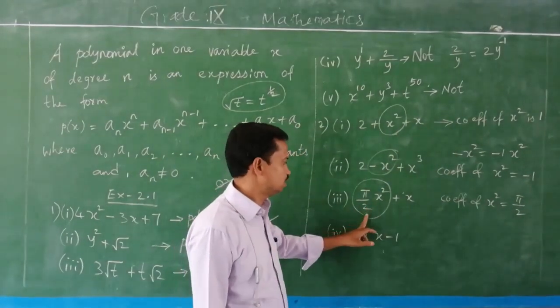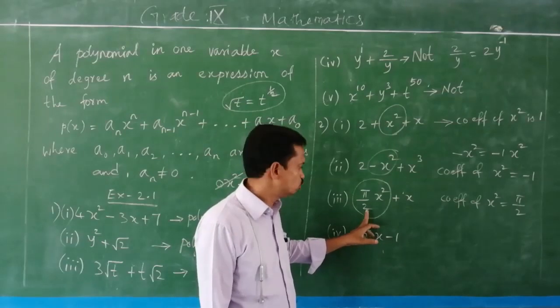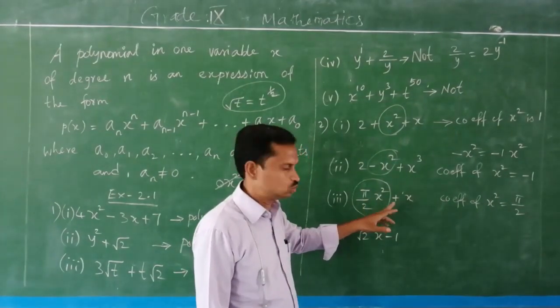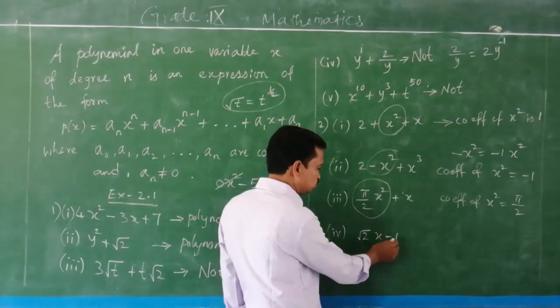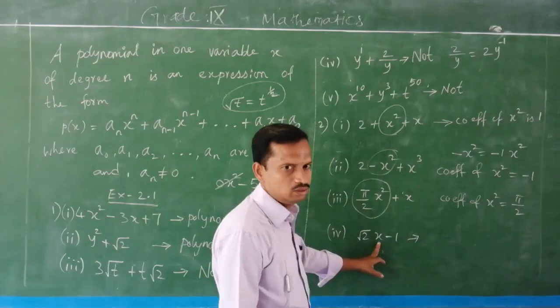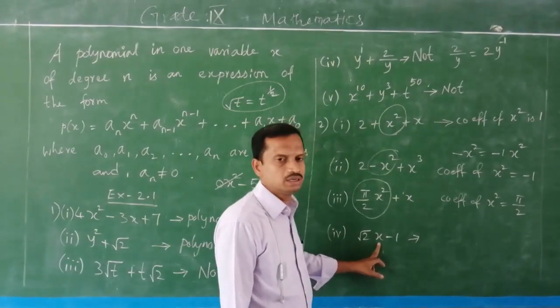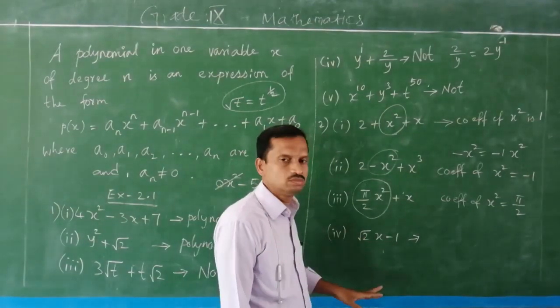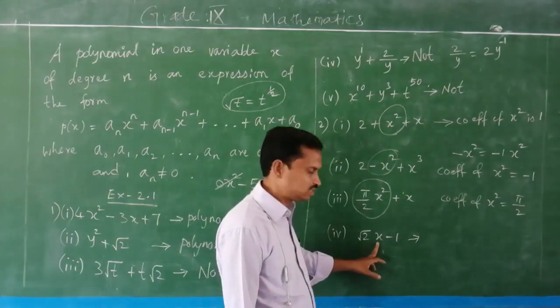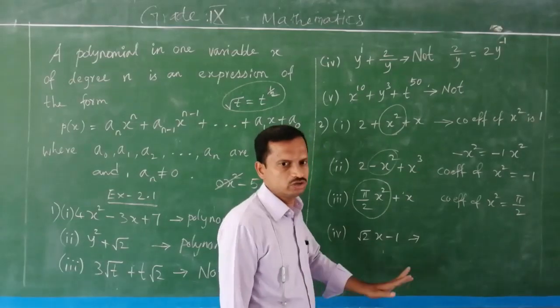So the number next to x square, that numeral, is the coefficient of x square. And here, root 2x minus 1. Can you observe any x square term here? There is no x square term. Only the x term is there, that is root 2x, and then minus 1 is there, a constant.